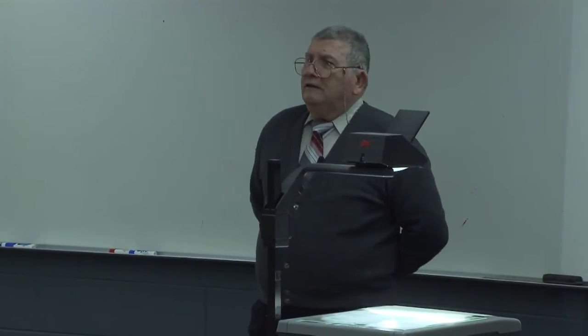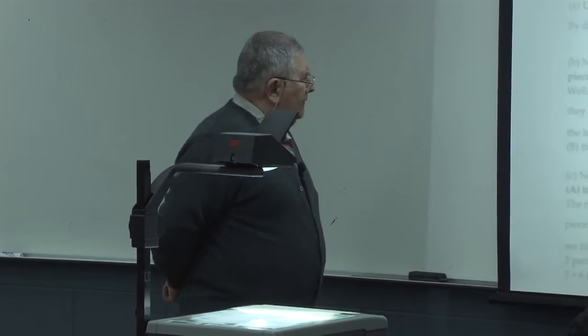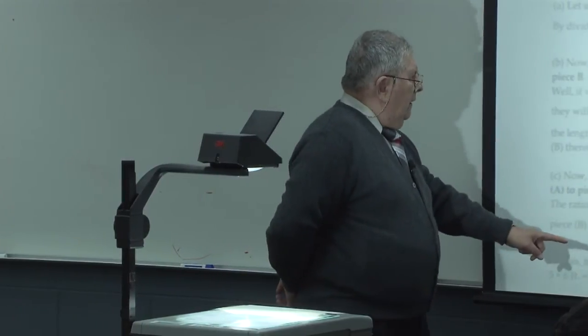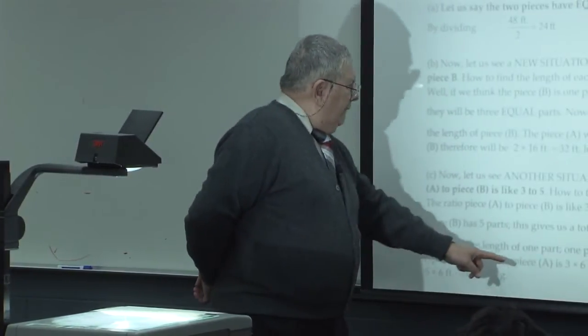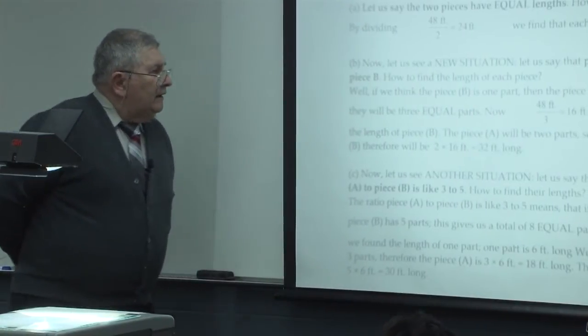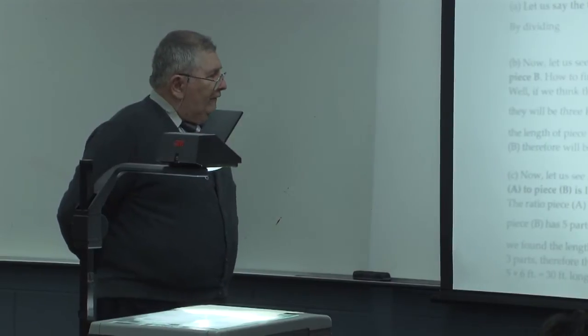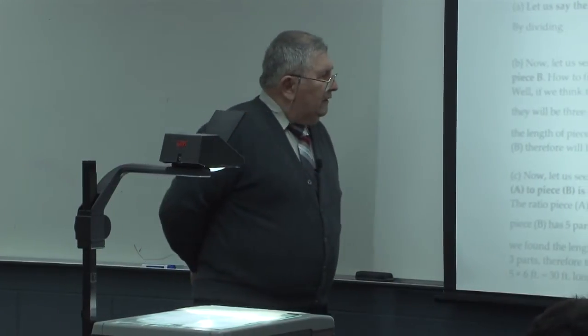So therefore, the piece A is 3 times 6, 18 feet, and the piece B is 5 times 6 is 30 feet long.